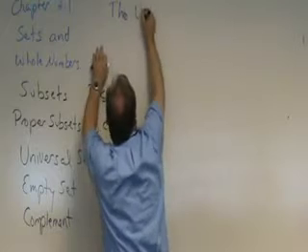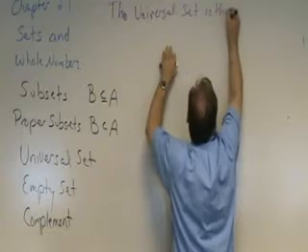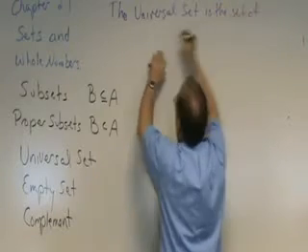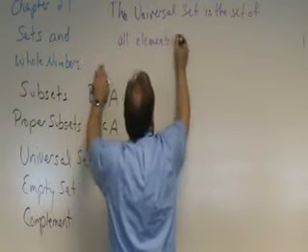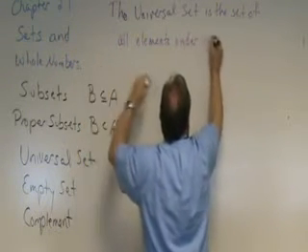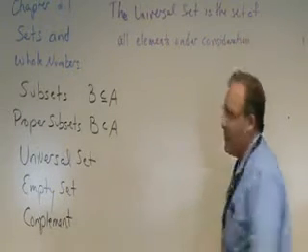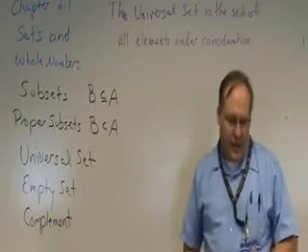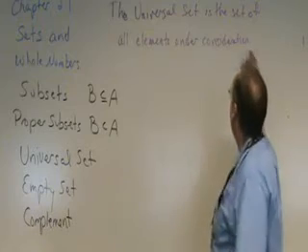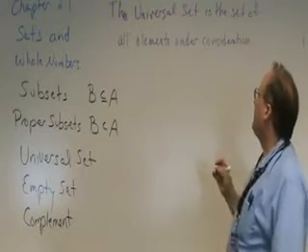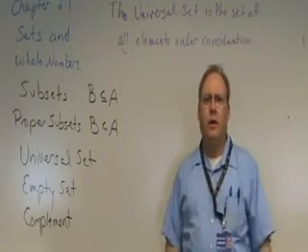And so when we want to talk about a universal set, we're going to say that the universal set is the set of all elements under consideration. Okay. Now, this idea of all elements under consideration, when we're not just talking about the set of everything, okay?